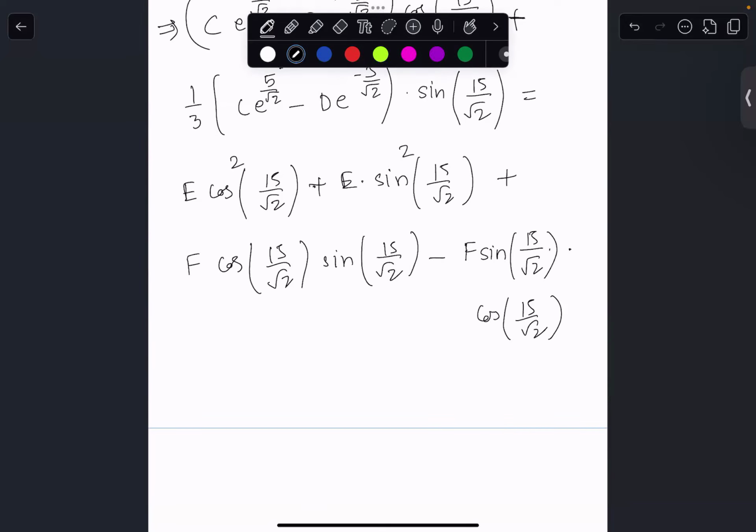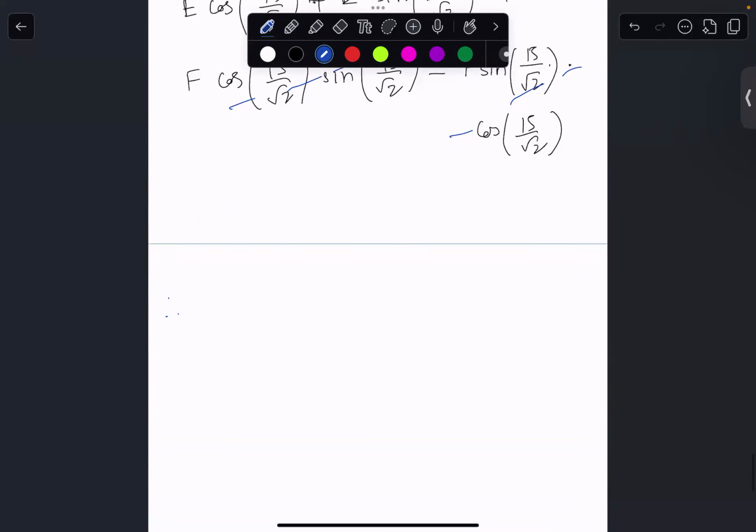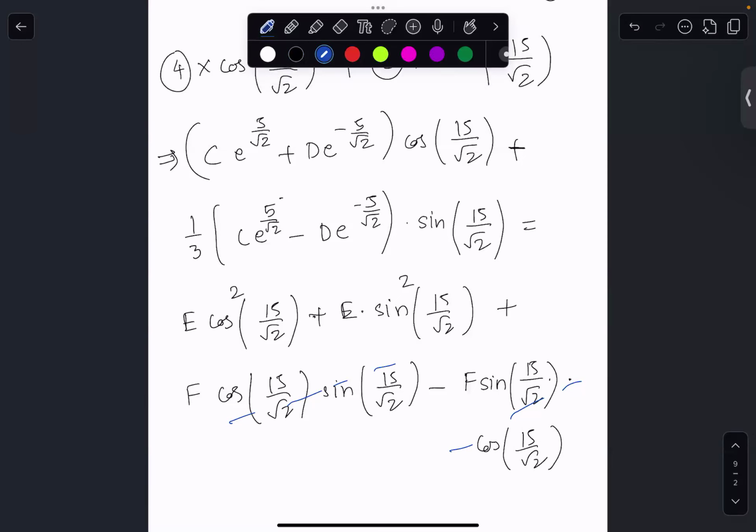So we can see that the f terms completely cancel out and we are only left with e on the right hand side. Therefore we have e, let me just write that on the left hand side now, and e equals this entire thing.